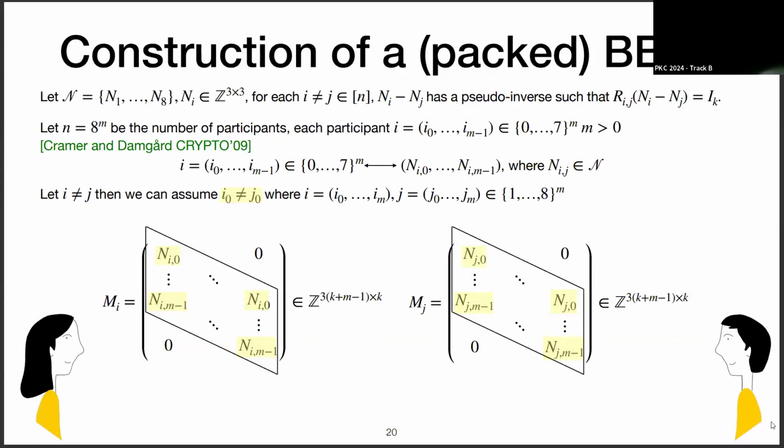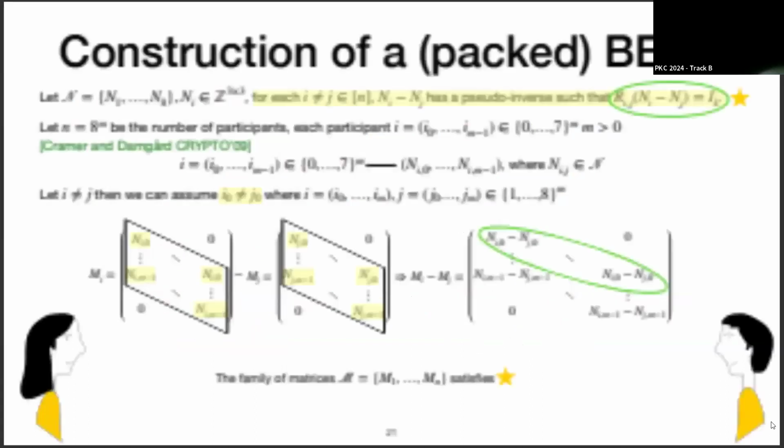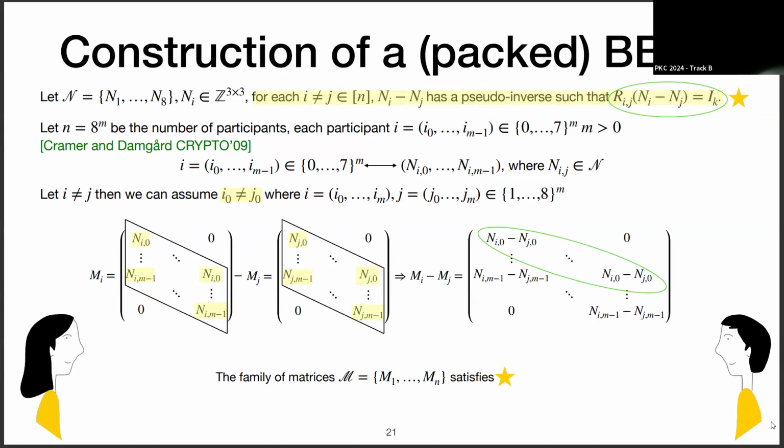So in this way, we now consider a different participant j. Since this identification is unique, we can assume without loss of generality that the first element is different, right? So if we now consider the matrix for participant j and we subtract these two, what we get is that in the first diagonal, we have elements that are non-zero.